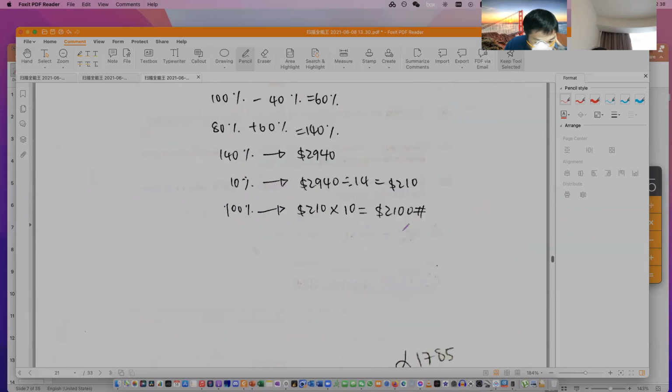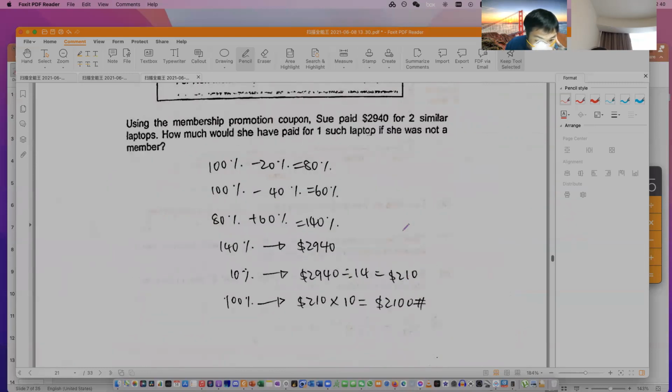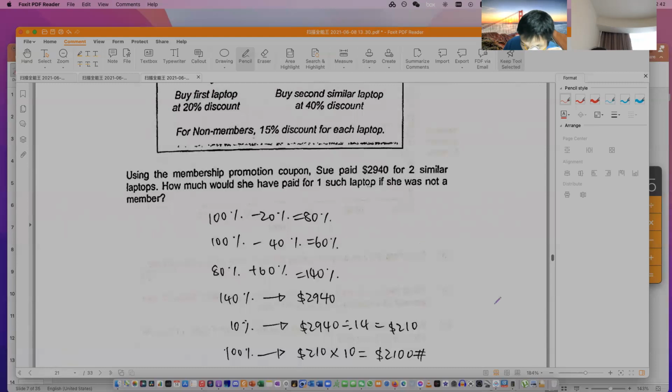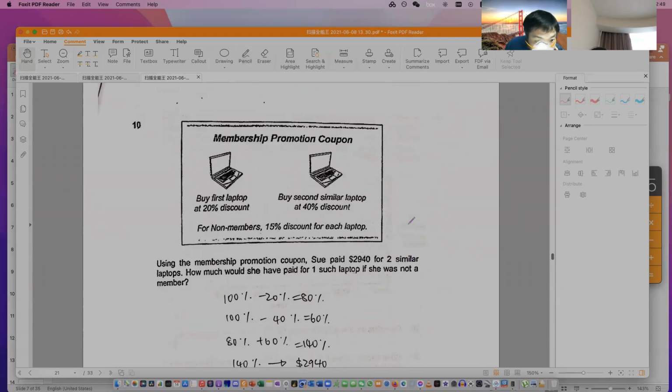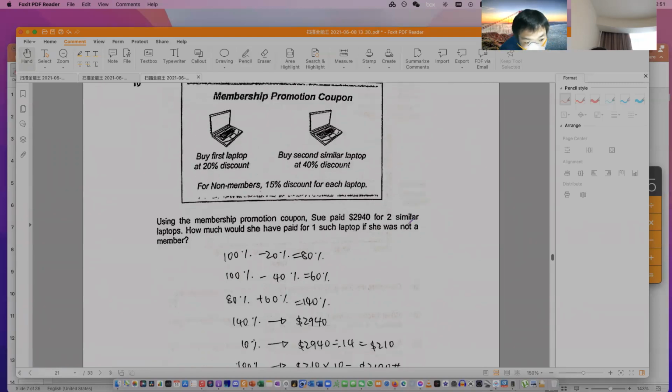Question 10. Question 10 should be quite easy, right? Let me see. So first thing, membership promotion coupon. Buy first laptop, 20% discount. Buy second similar laptop at 40% discount. For non-member, 15% discount for each laptop.